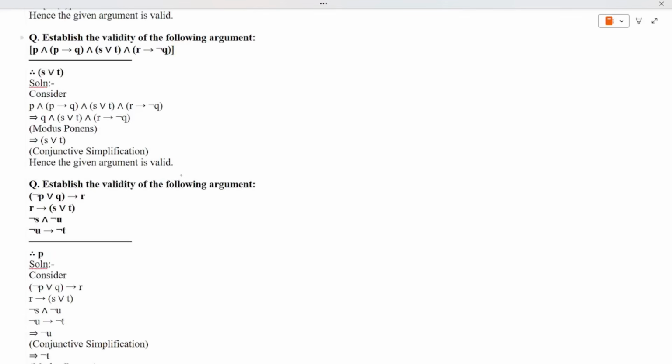See, next is establish the validity. They have given P and P conditional Q, and S or T, and R conditional negation Q, right? Now you will be applying modus ponens. There is no negation in the starting, right? So Q you will keep as it is, and this will get cancelled.